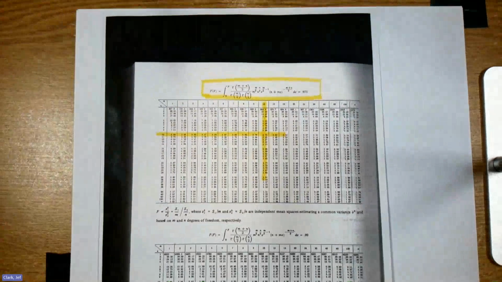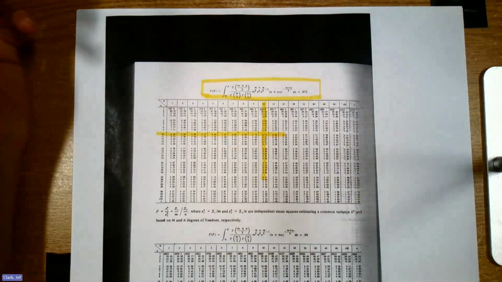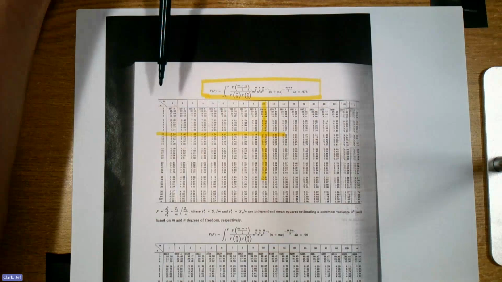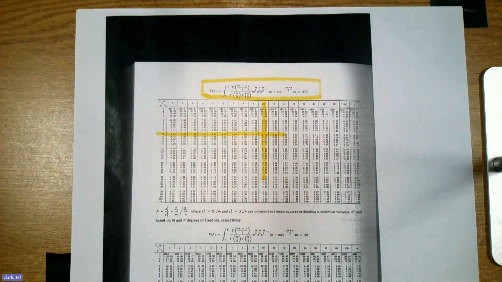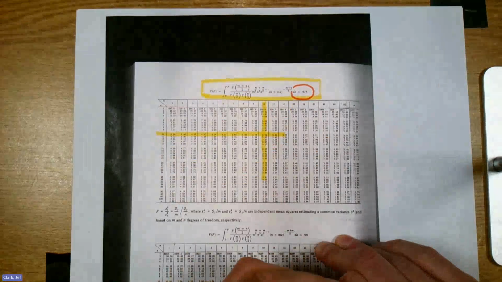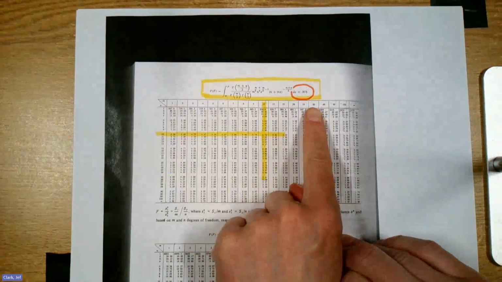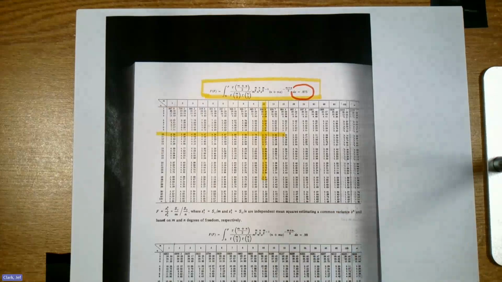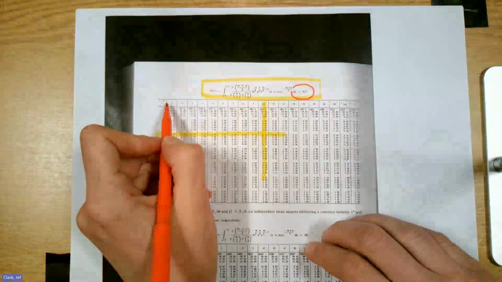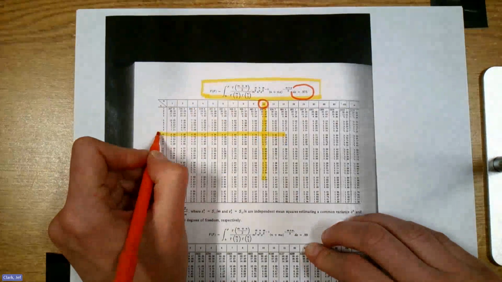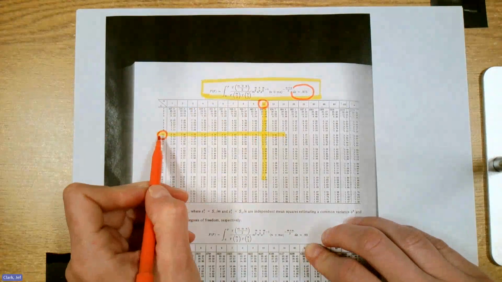So this is where you're going to have some sort of table provided. You're not going to be able to see this on your screen, I'm very sorry for that. This is just one I photocopied from a book. But the same form is true for all of them. You double check that you have the right alpha value. It's always provided at the top here. And then, because we're doing a two-tailed test, we have our n equals 10, and our other population which equals 10.